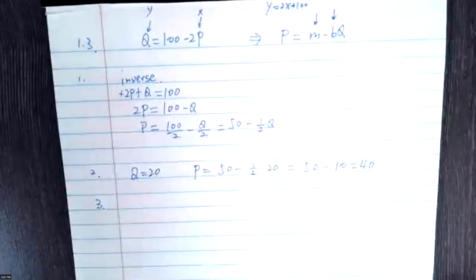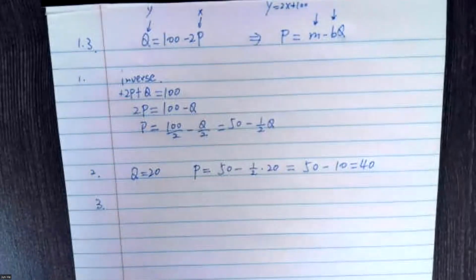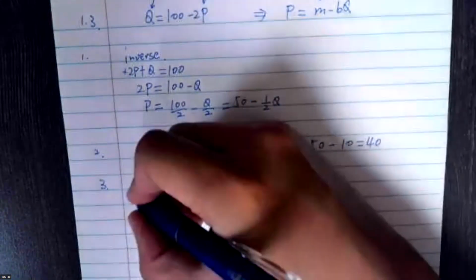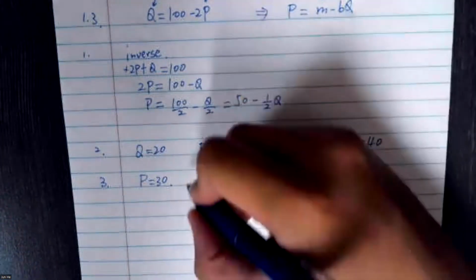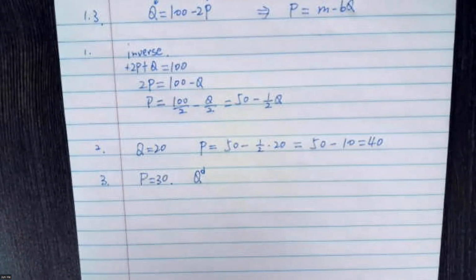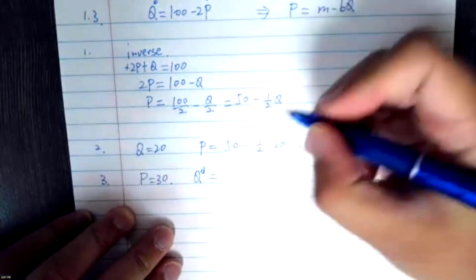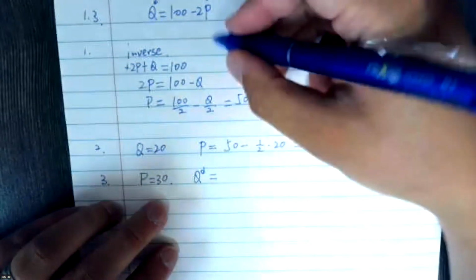And your question 3: calculate inventory when the price is 30 and the firm produces 75. So the market price is 30. The first thing you need to figure out is the corresponding demand, right? The demand is just to plug 30 into the original.